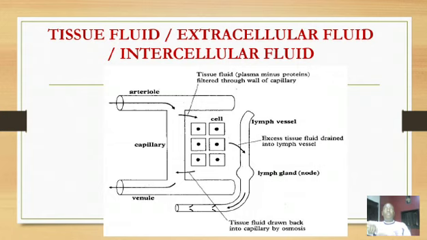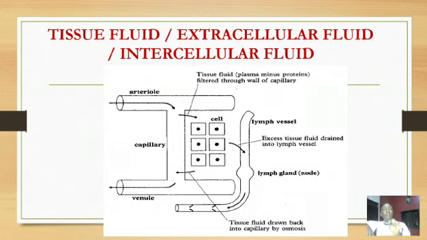In our transport topic, we saw that blood is pumped by the heart through blood vessels called the arteries to the tissues. Then the tissues are drained by veins. But we saw that when blood moves through arteries towards the tissues, the arteries divide into narrower blood vessels known as arterioles.